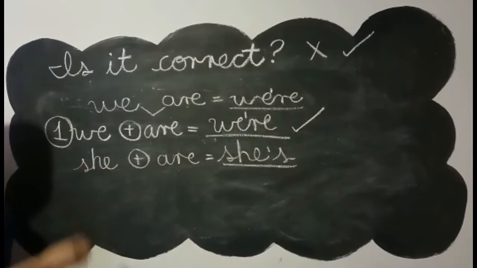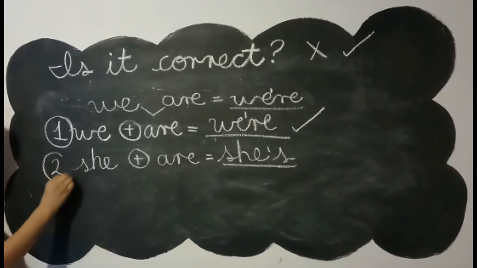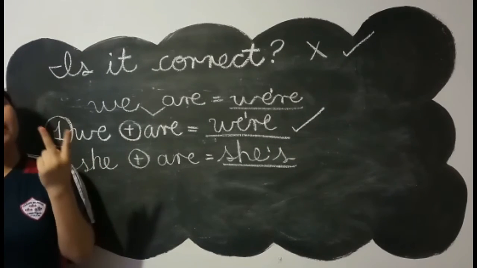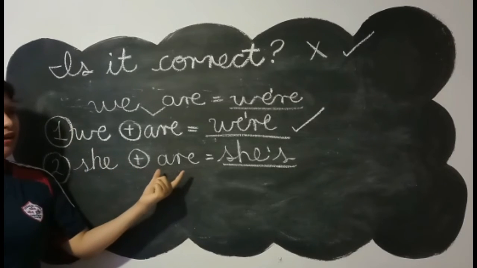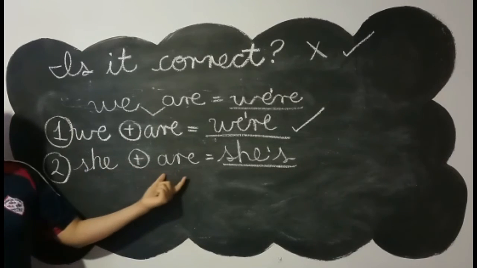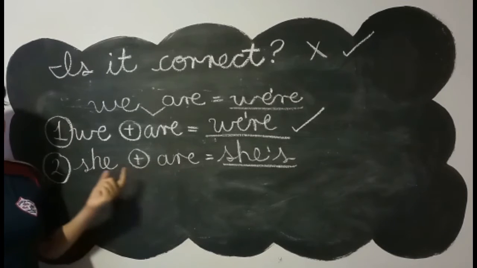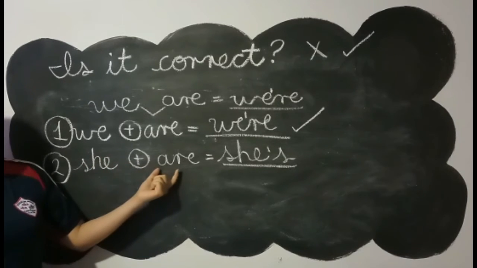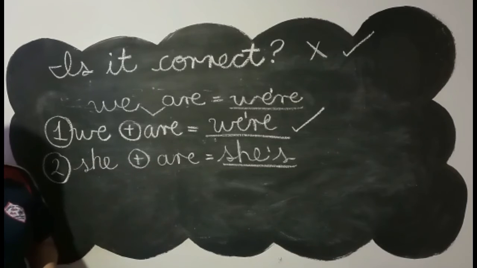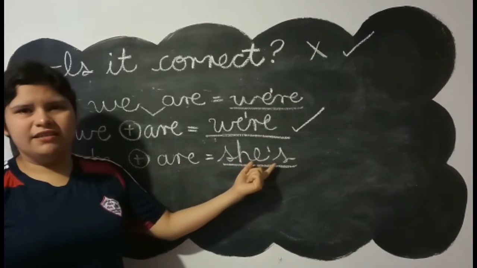Now let's go to number 2. We have 2 elements again. She and are. She corresponds to is, not are. It's like she are, or is she is. What do we need to form she is?